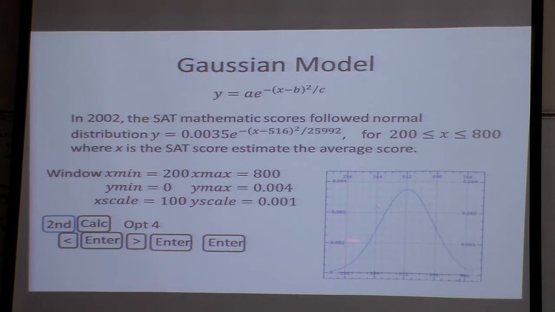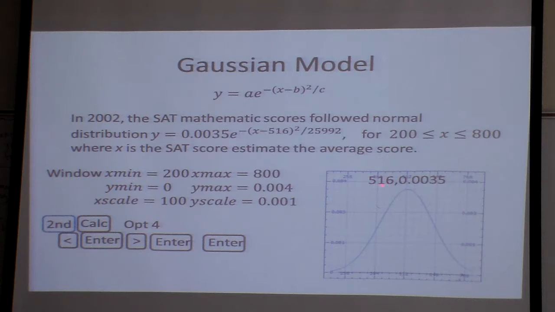Go to your calculator, and what I want to do is find the average, that point there. I'm going to do that by graphing it, putting Y equals in my calculator, with that window, and doing second calculate, option 4, and hit enter with my arrow on this side of that line, move it over, enter right there, enter again, and it will tell me the average score.